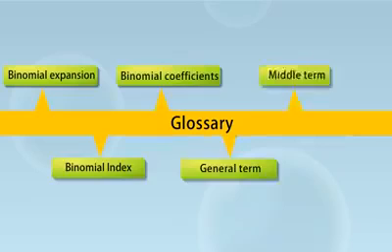The general term of an expansion. In the expansion a plus b raised to power n, if n is even, then the middle term is the n by 2 plus 1th term. If n is odd, then the middle terms are n plus 1 by 2th and n plus 1 by 2 plus 1th term.